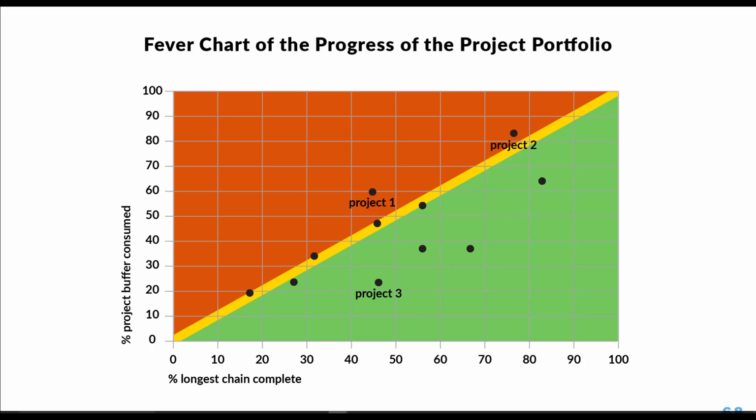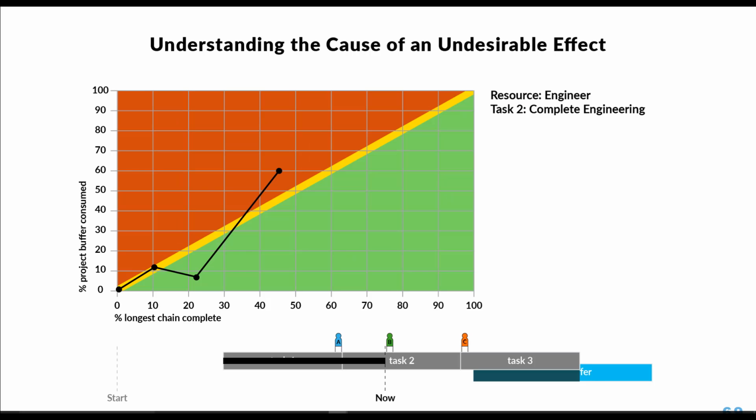Thus, as a manager of this portfolio of work, you'd be focusing on Project 1 and Project 2, both of which need attention if they are not to slip their promised due date. Let's take a closer look at Project 1. What we see here is not only the fact that the project is running late, the effect of more buffer being consumed than should have been, given the percentage of chain completed.